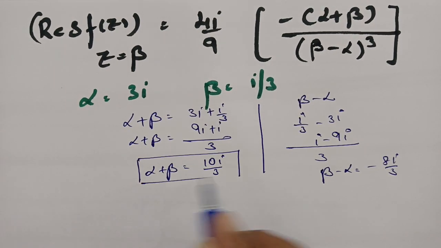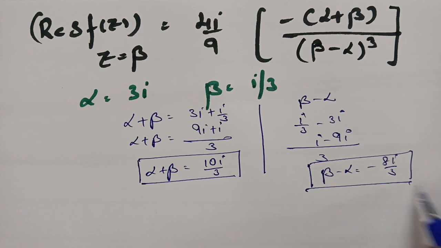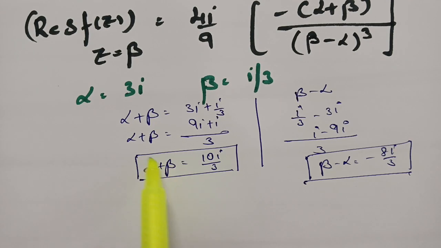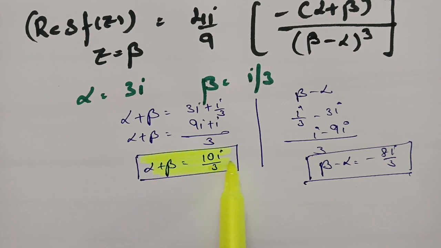So alpha plus beta is equal to 10i by 3 and beta minus alpha is equal to minus 8i by 3.